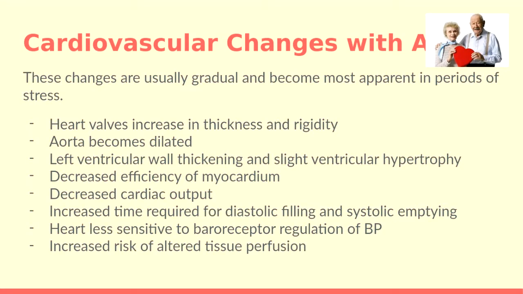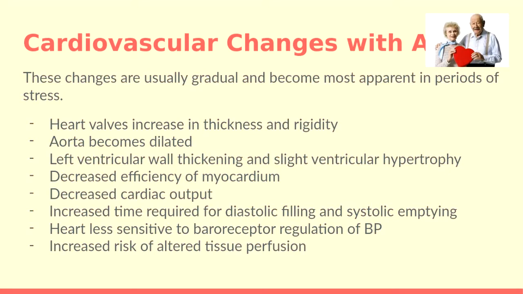One change is that the heart valves increase in thickness and rigidity. This is due to sclerosis and fibrosis. Sclerosis is the hardening and thickening of body tissue. The aorta also becomes dilated. The left ventricular wall thickens, and there's slight ventricular hypertrophy.